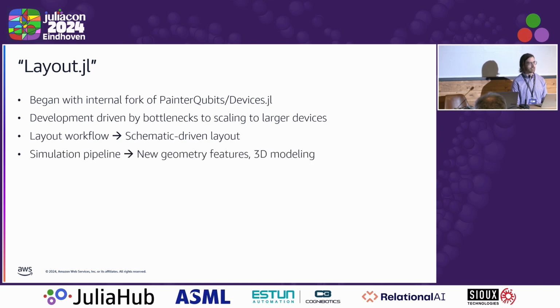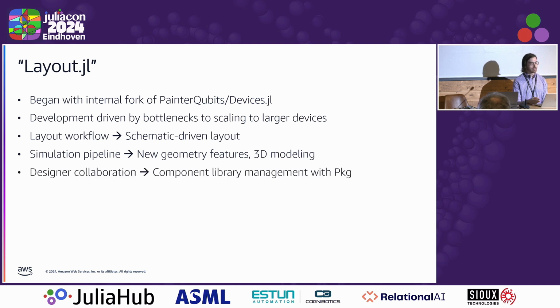Another focus area has been the simulation pipeline. We want to automate as much as possible. So to that end, we developed a bunch of new geometry features, including 3D modeling to produce meshes and configurations that we can then use to call out to external simulation tools. And finally, less technical, but still very important, has been designer collaboration.